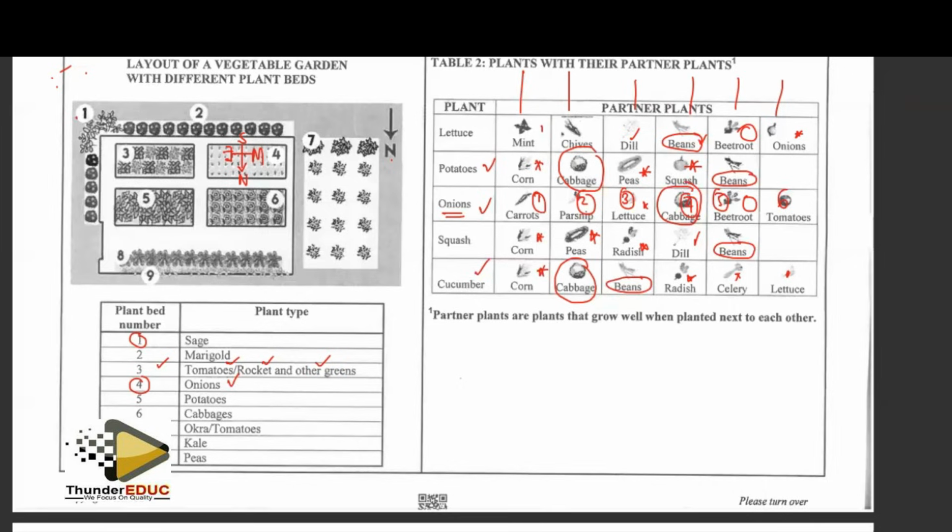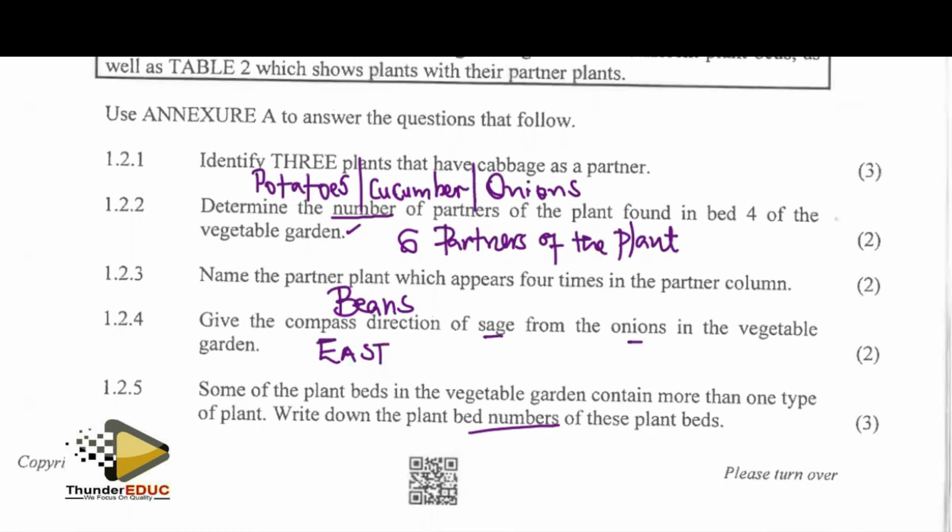Then when we come to 7, it has okra and tomatoes. No any other. So we say bed 3 and 7.